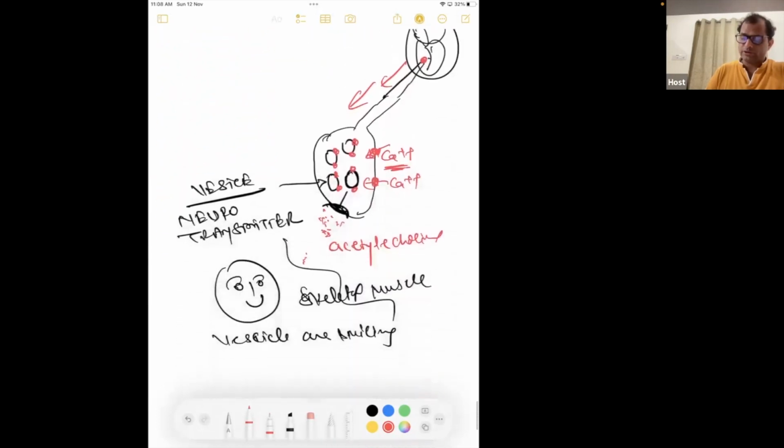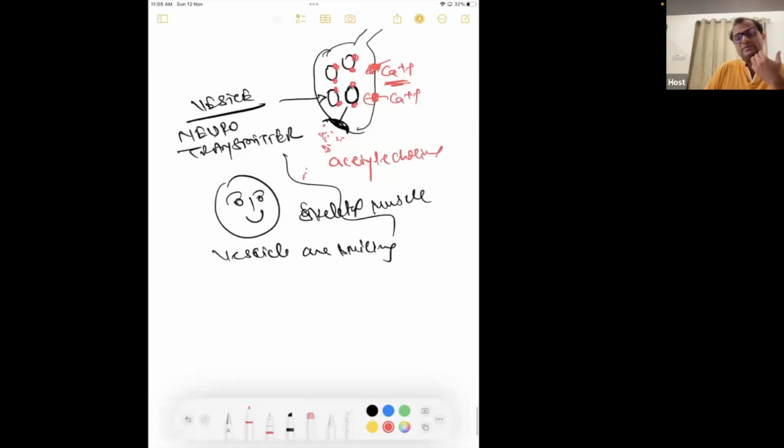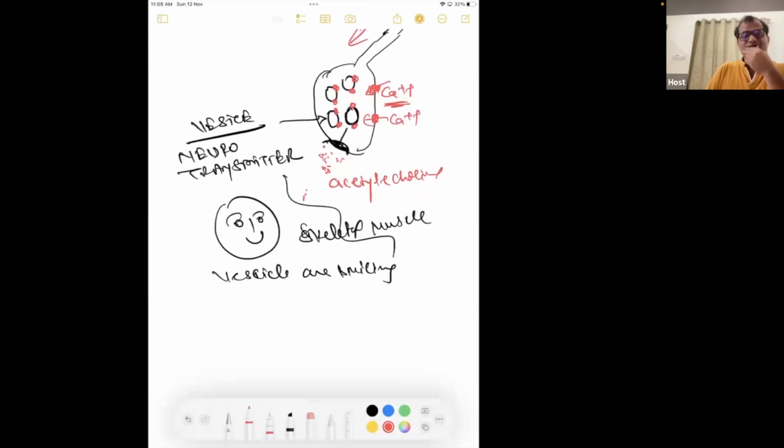Now calcium is going in, vesicles are smiling and welcoming the calcium. And as soon as calcium attaches on the vesicle, the vesicles release the neurotransmitter acetylcholine, and it works on the skeletal muscles, right? Then we are able to do the movement. So this was the event.